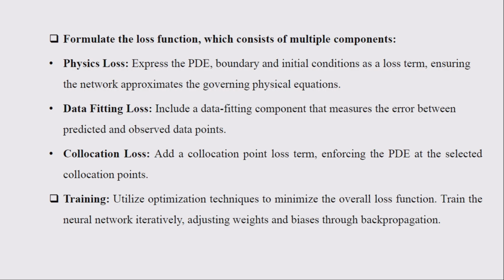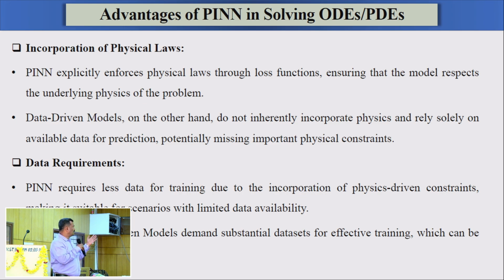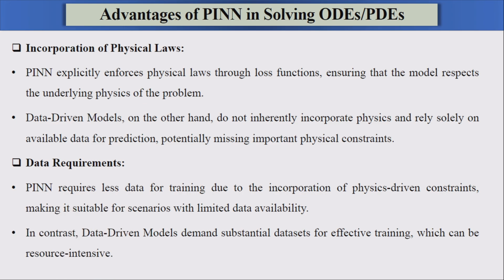Okay, fine. See, these are the advantages of PINN in solving ODEs and PDEs. I have told about data driven models. I told already that all these artificial neural network methods in mathematics or in engineering are data driven.